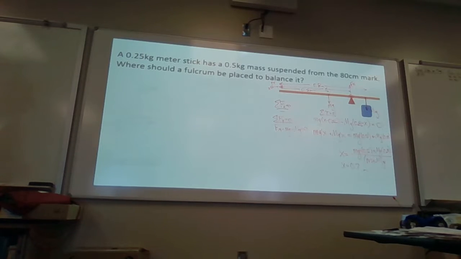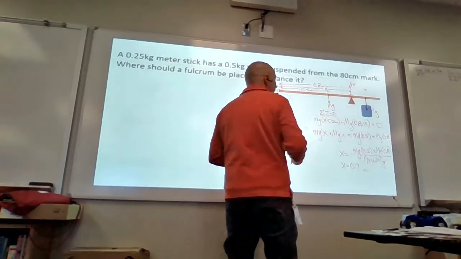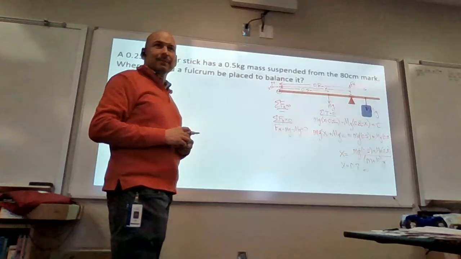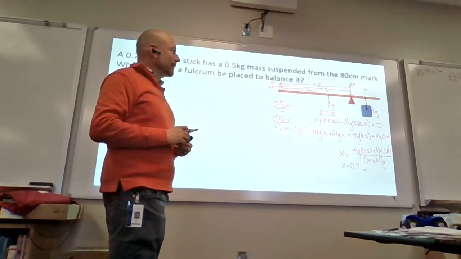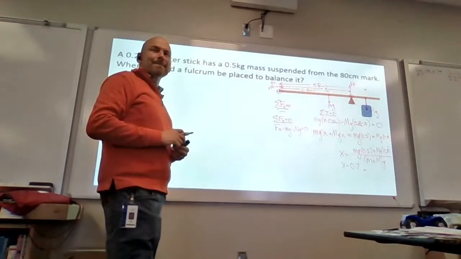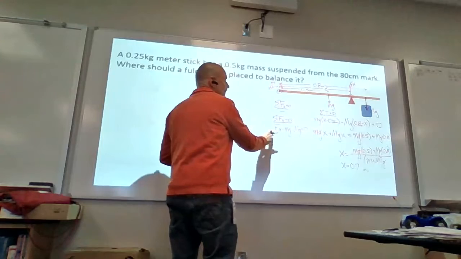All right, so that's one way to do it. Another way would be to make that side your axis. And then you don't have to worry about all that subtraction. But you will have to incorporate this.